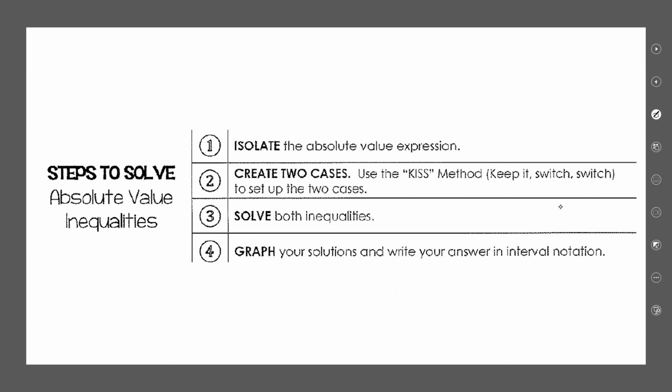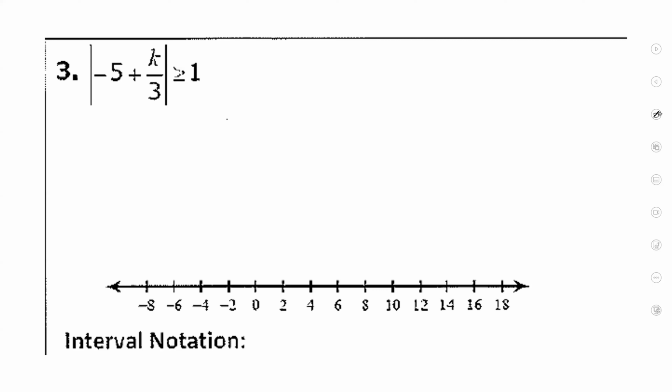So I'm going to do keep it, switch, switch, and I'll show you what that means. The first one, my first case, I'm just going to keep what I have. So -5 plus k divided by 3 is greater than or equal to 1. That's my first case. I kept it. The next case, I'm just going to switch everything. This will stay the same, however. -5 plus k divided by 3.